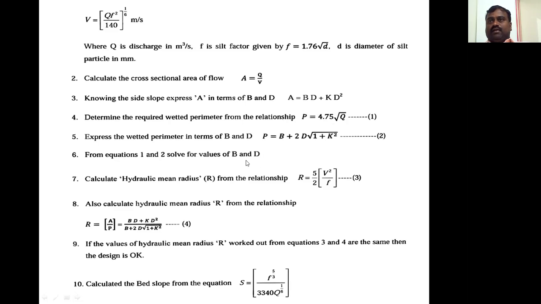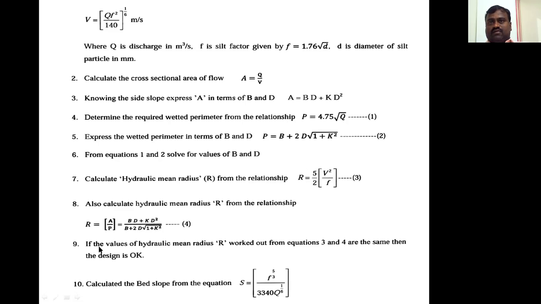Once B and D are calculated, in the next step the hydraulic mean radius is calculated using the expression R is equal to 5/2 (V²/F). Along with this, R is also equal to A by P. So again the R value is obtained using equation 4.